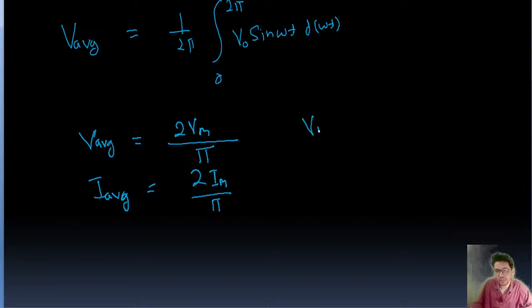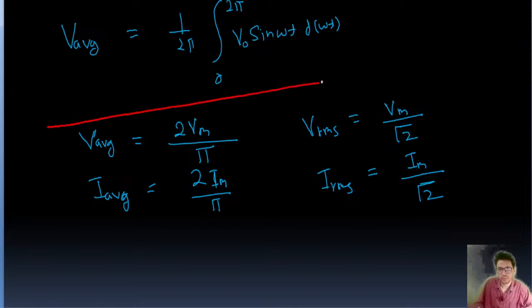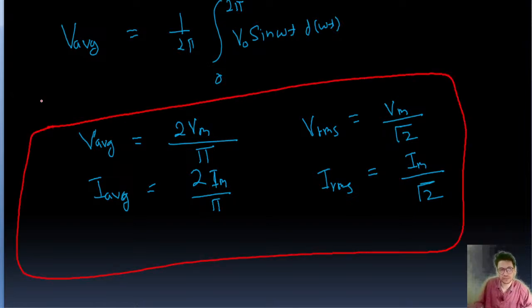And Vrms for AC is going to be Vm upon root 2, whereas in the case of the half wave rectifier it was Vm upon 2. And Irms is the root mean square current, Im upon root 2. These are important formulas for the full wave rectifier.